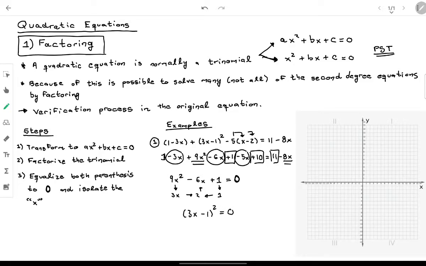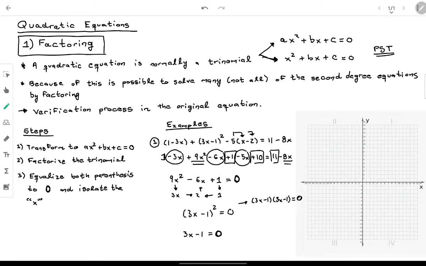So it's going to be 3x minus 1 equals 0. The squared one, we can move to the other side as a square root, or we can put two of them: 3x minus 1, 3x minus 1 equals 0.